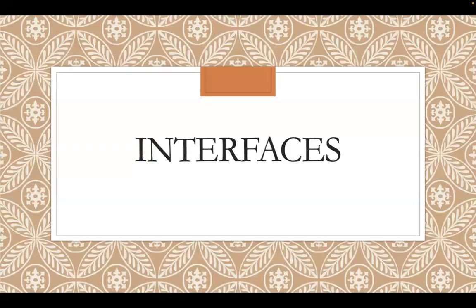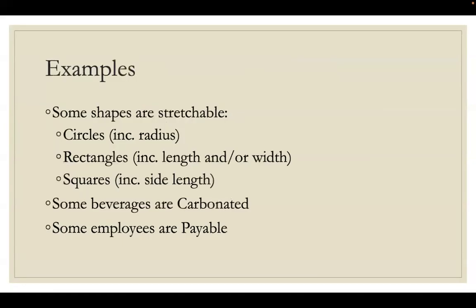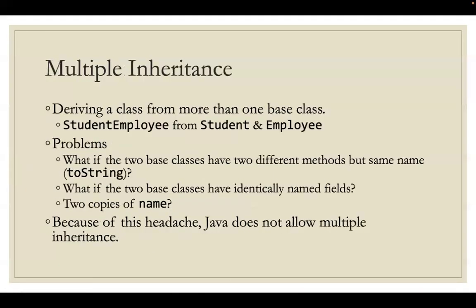We also looked at interfaces. Interfaces let us say, this is a list of methods that I would like any class that uses this interface to implement. So we can say that some shapes are stretchable. Maybe some employees are payable. Maybe some beverages are carbonated.